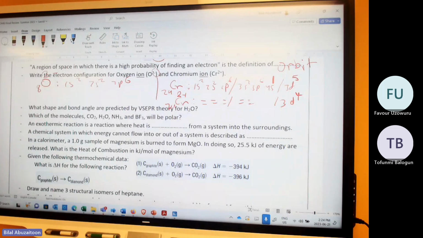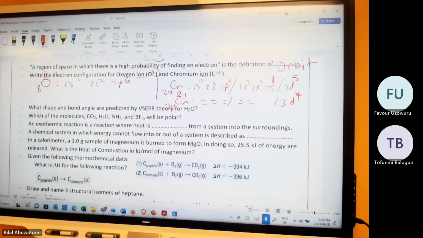We don't write it. So in other words, 3s2, 3p6, 3d4. So you don't write 4s here. Nothing, it will be empty.